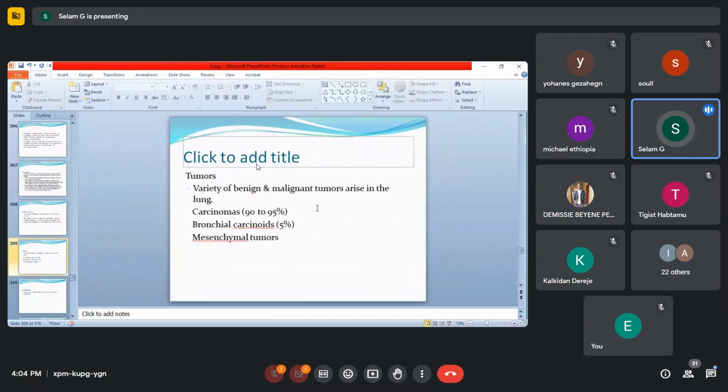So far, these are the important non-neoplastic conditions occurring in the lung. So there are congenital ones, there is atelectasis, there are obstructive pulmonary lesions, and there are inflammatory lesions like pneumonias, and the lung as a secondary involvement in pulmonary hypertension, especially the primary pulmonary hypertension, which is a very rare entity.